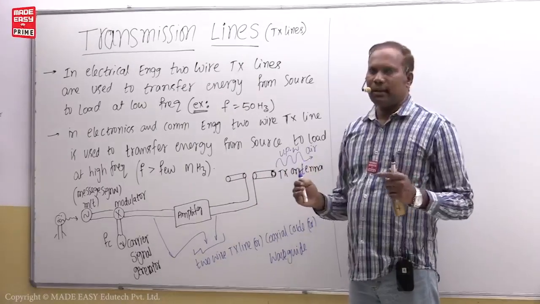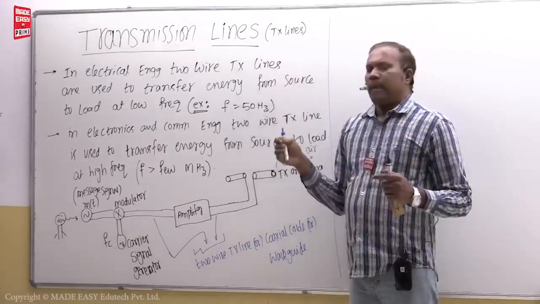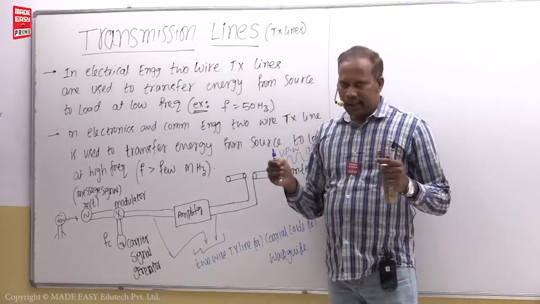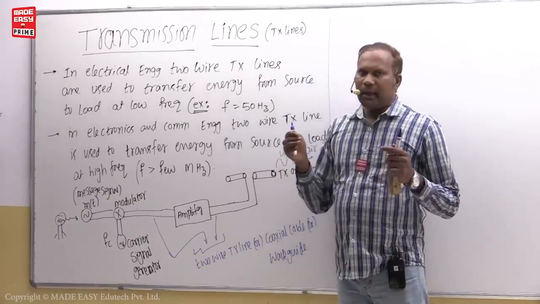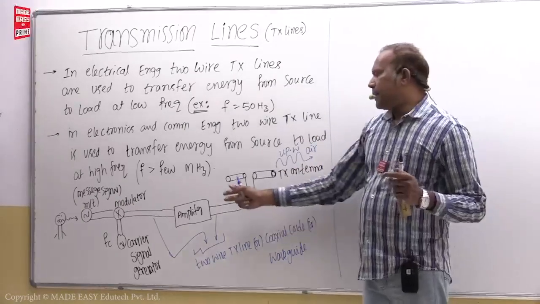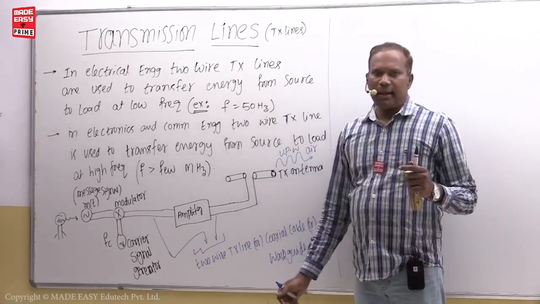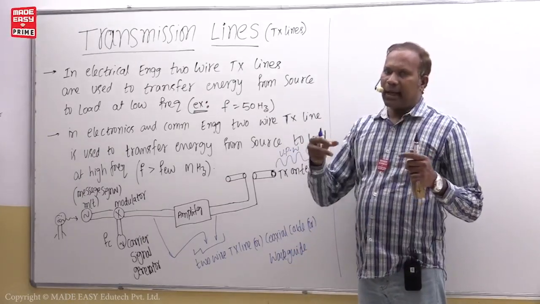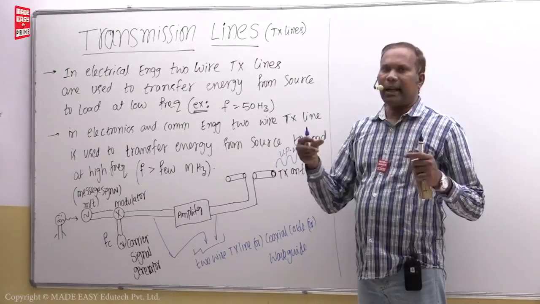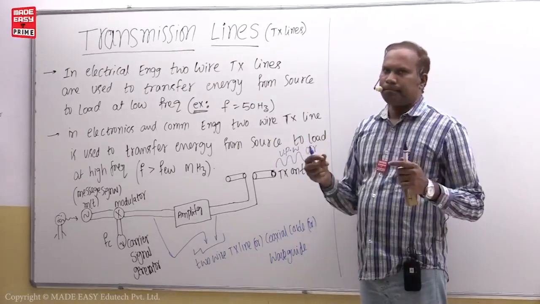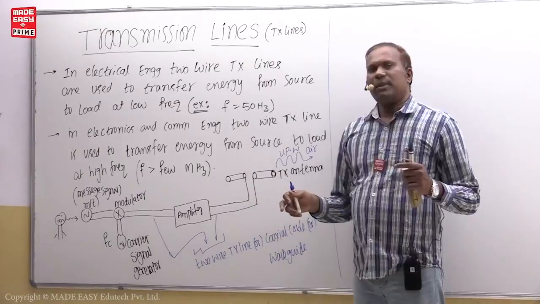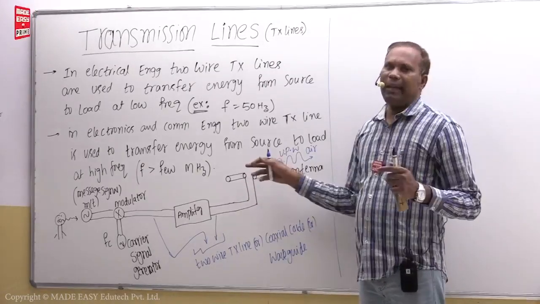So dear students, transmission line is nothing but two parallel conductors, and the input is, for example, an FM signal generator. Every signal generator has internal voltage and internal impedance. Now, the load impedance to this transmission line is the input impedance of the antenna.